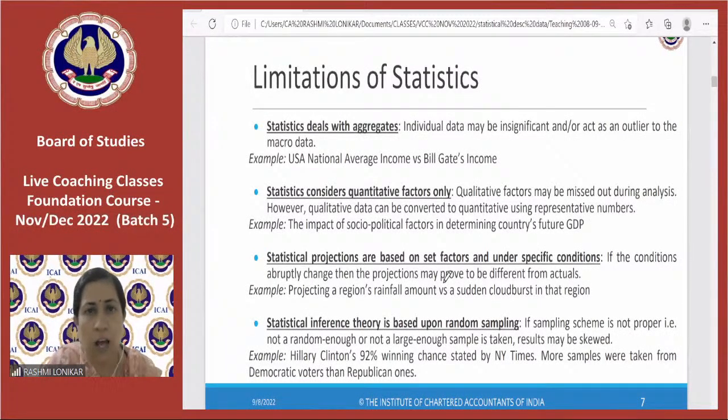Suppose I'm considering the salary of one area of the United States, and then I include Bill Gates' salary. What is going to happen? The whole information is going to change tremendously. That is why it is so important that I consider this aspect differently. But because statistics deals with aggregates, the individual data is treated insignificantly.